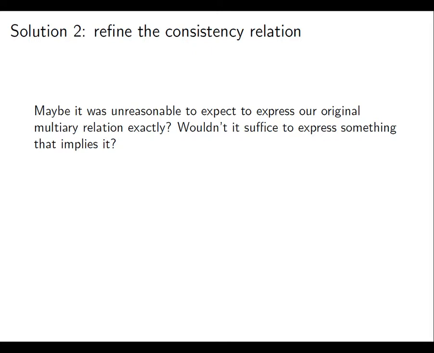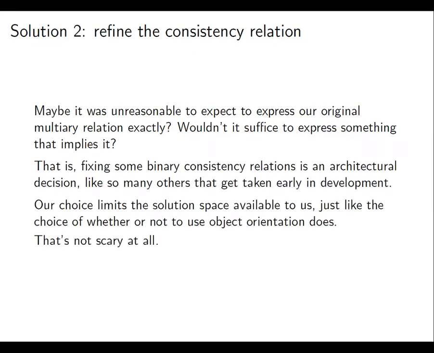But maybe that was unreasonable. Maybe it would suffice to express something that implies the Multiary relation that we were given, not something that's actually logically equivalent to it. So we might say that fixing some binary consistency relations is an architectural decision, like so many others that get taken early in development and, in effect, limit the solution space available to us.